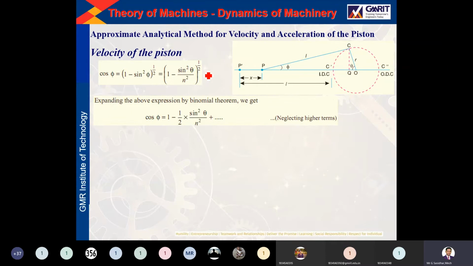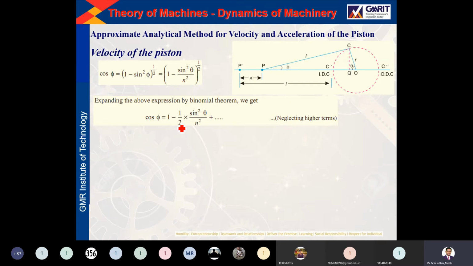Now by applying mathematical concepts, we have the binomial theorem. I will take the cos phi expression, that is nothing but 1 minus half into sin square theta by n square plus 1 by 4 sin power 4 theta by n power 4.